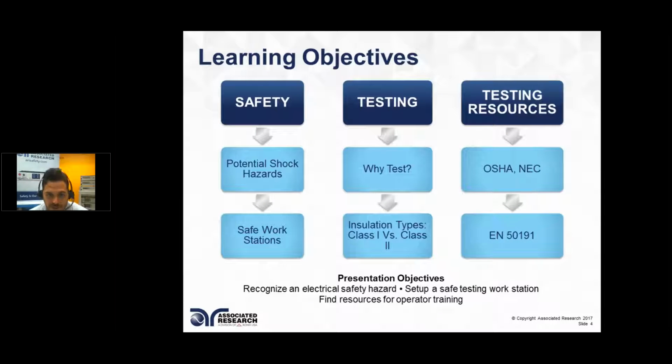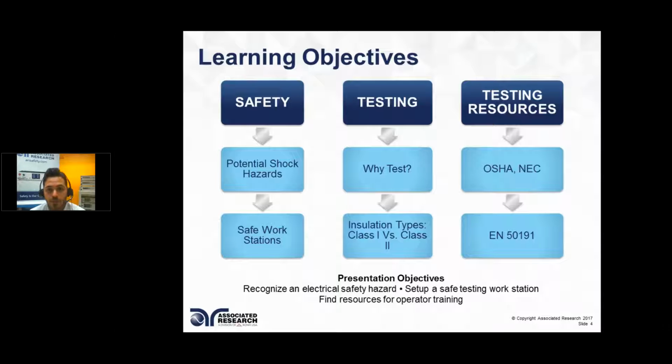So let's get right into it. What are our learning objectives for this webinar? We're going to talk about safety, testing, and at the end provide some testing resources. We'll begin with some potential shock hazards, and then how to set up a safe workstation, or what makes a workstation safe.